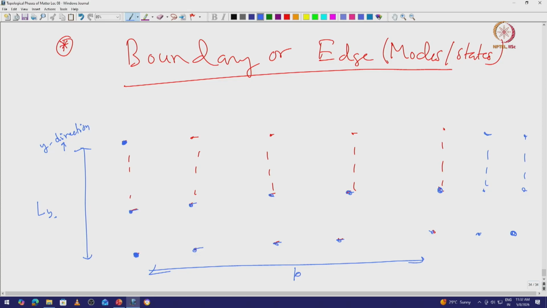So, let me even color them. And this is called open boundary condition. Okay. And along this side you will have different.